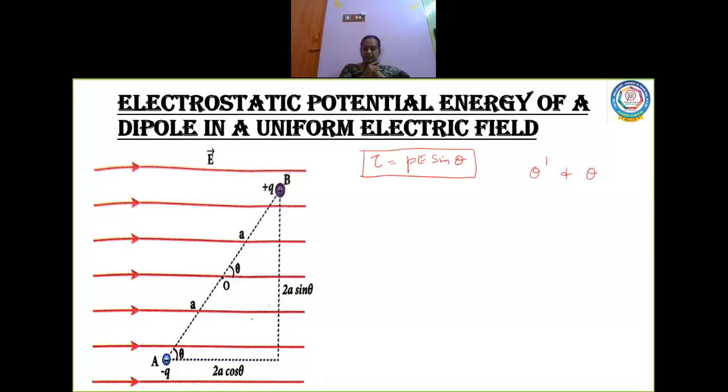To rotate the dipole from its initial angle, theta dash is the initial angle and theta is the final angle. So I have to do some work against the torque tau equal to P E sin theta. Already there is a torque existing.